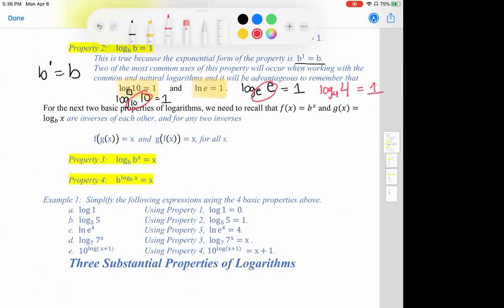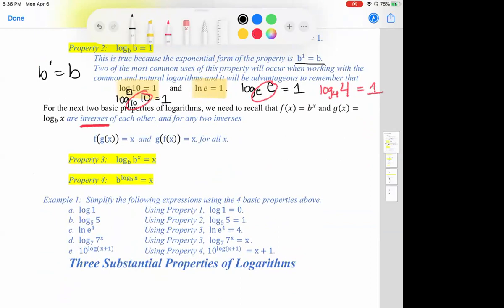Moving forward, for the next two basic properties of logarithms, we need to recall that f of x is equal to b to the x, and g of x is equal to log base b of x. And they're inverses of each other. That's what we need to recall, that they're inverses. And for any two inverses, we know composition of each will give us x.